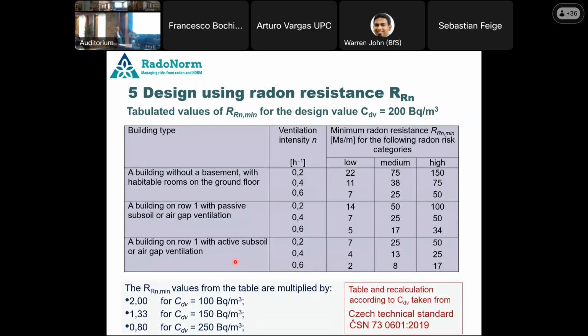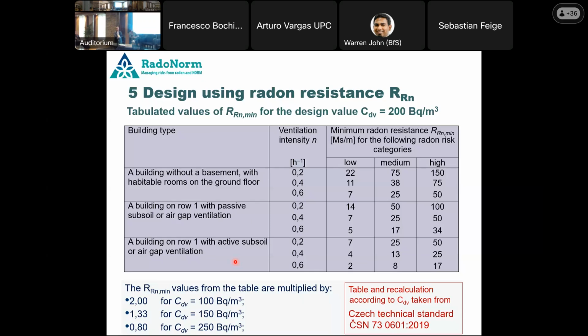It's from the Czech technical standard, where the minimum radon resistances are prescribed. As you can see, it's a set of values from 2 to 150, but this table is applied when the indoor radon concentration is 200 becquerels per cubic meter. If we want to have, for example, 100 becquerels per cubic meter in the indoor air, then all the values here should be 2 times greater.